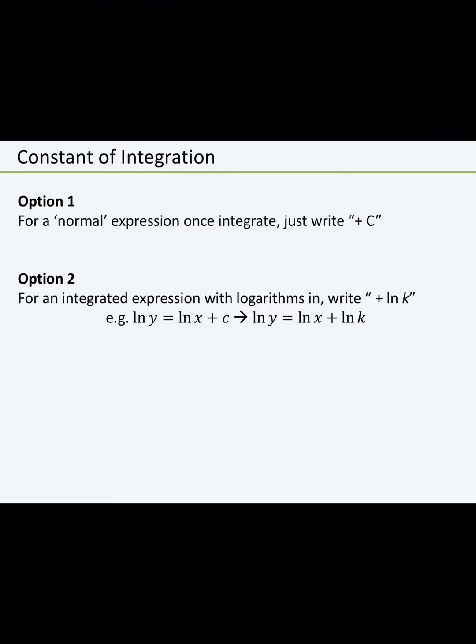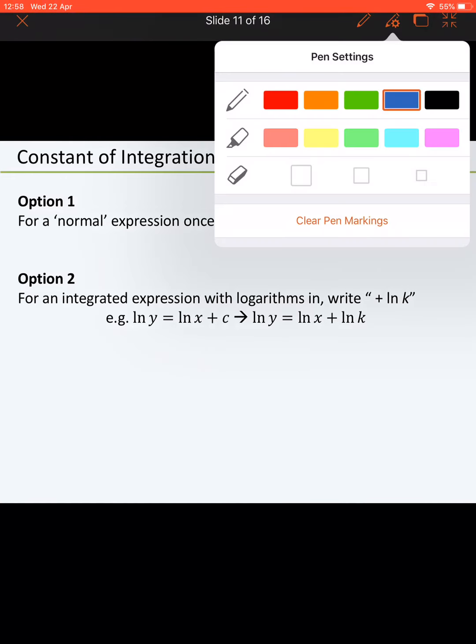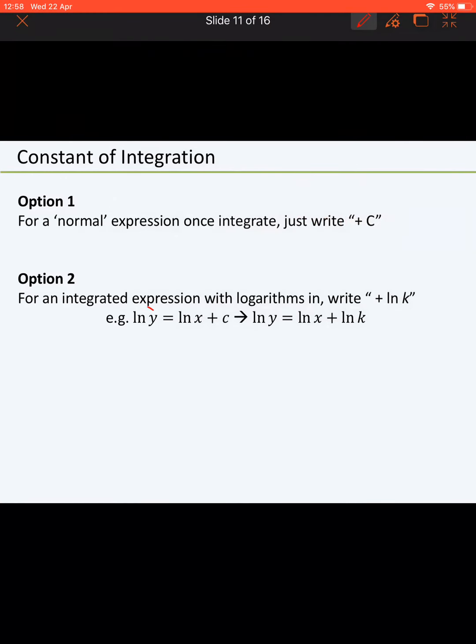Where you've got everything, the left hand side and the right hand side, like you do here, where you've got both those terms in terms of a natural log, it makes sense, instead of putting plus c, to instead do this and put plus ln k.